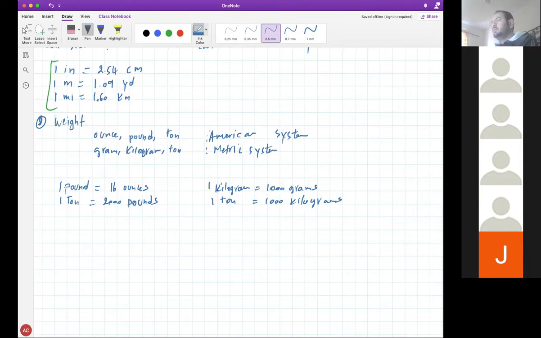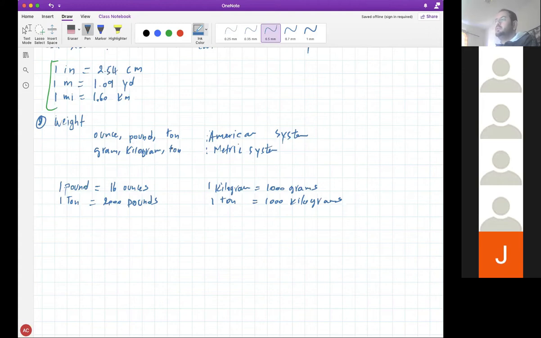So the closest to ounces here, not equal, but the closest, the smallest one to measure smaller objects. The weight of small objects is in ounces and grams. If they're a little heavier, we use pounds and kilograms. These are the closest to each other. They're not equal, but roughly close.